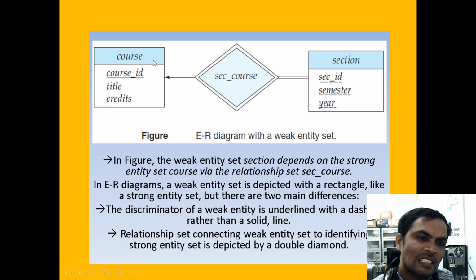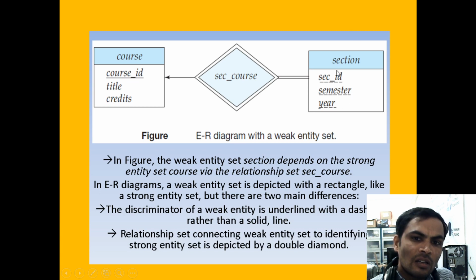This we call the identifying entity set, and that we call the weak entity set. Under the weak entity set, no primary key will be there. Coming to the identifying entity set, our owner entity set, we have a primary key: Course ID, which will be underlined.